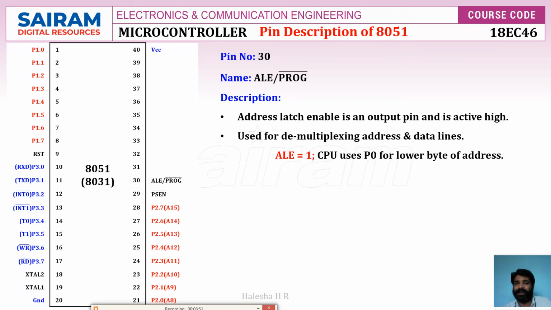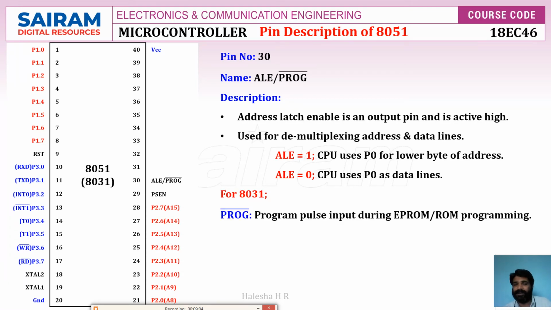So when it is 1, the CPU uses port 0 as address lines, and if it is 0, it is used as data lines. For 8031 it is the program pulse input during EEPROM or RAM programming. As I said, 8031 is ROM-less, so we go for external program memory. To program that external memory, we use this as a program pulse.